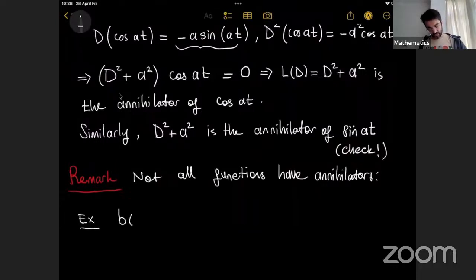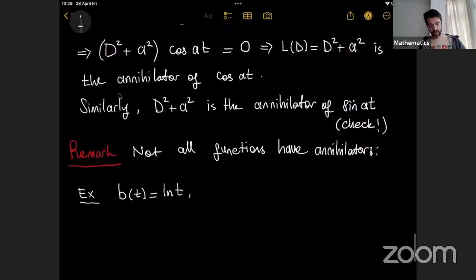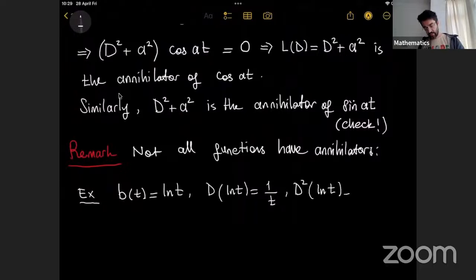For example, b of t, let's say ln t, good. Because its derivative is what? d ln t is 1 over t, not 0. And if you differentiate this, d squared ln t is minus 1 over t squared.